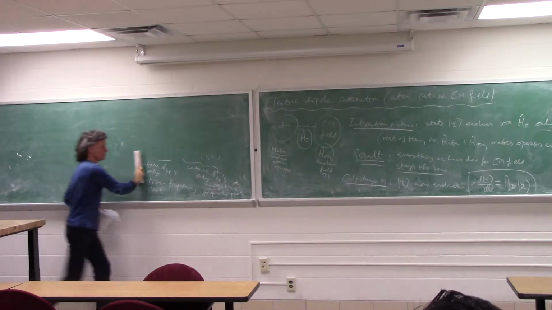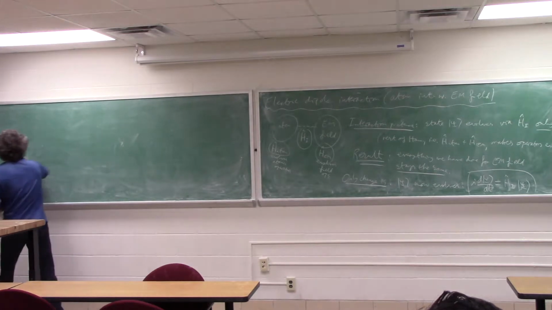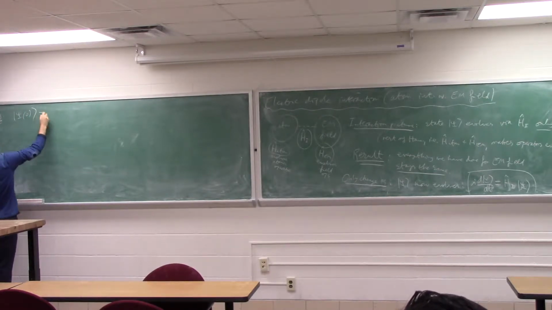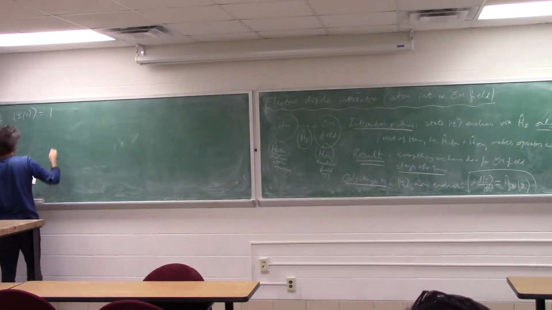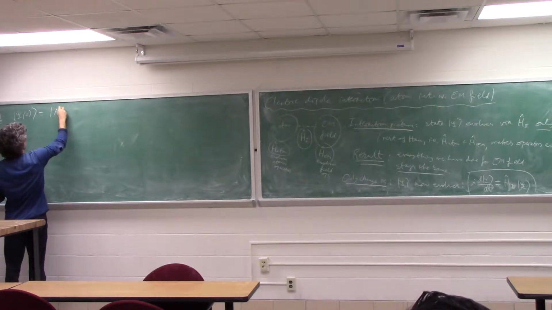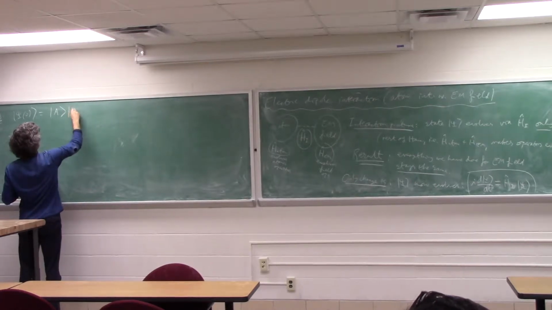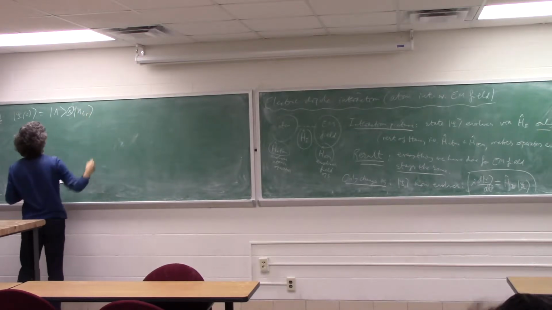is, for example, if at time 0 we have a state, let us say we have an atom. We may as well use the notation we're going to be using. All right, let's do that. So you can write this as a cross product.